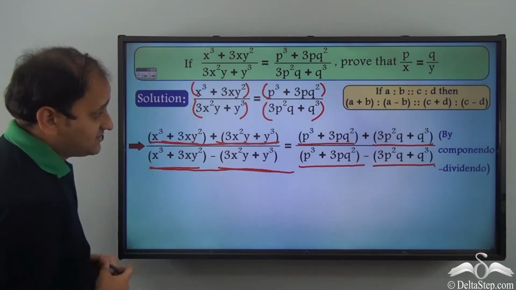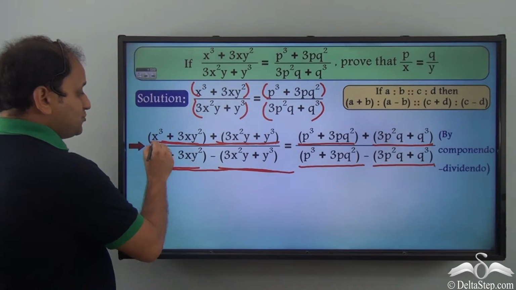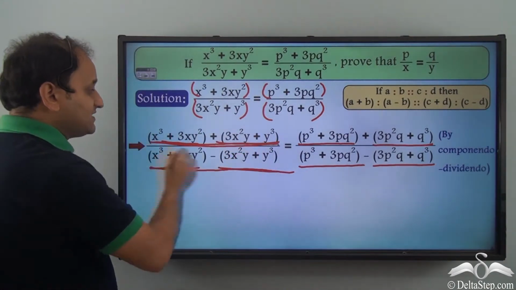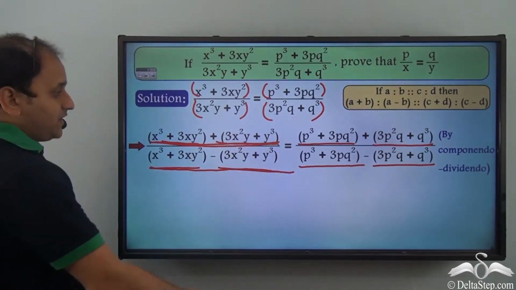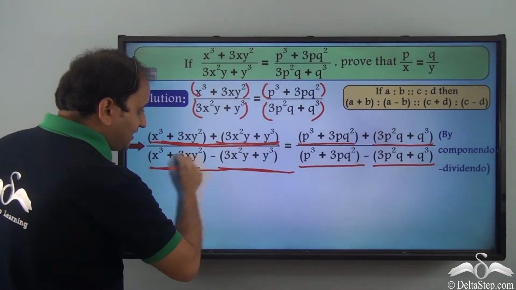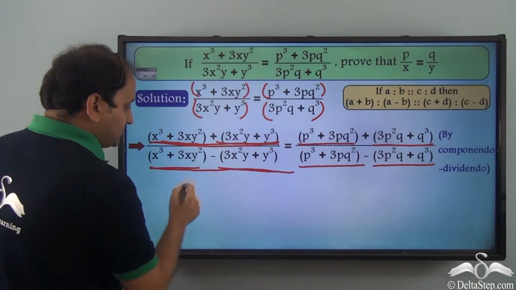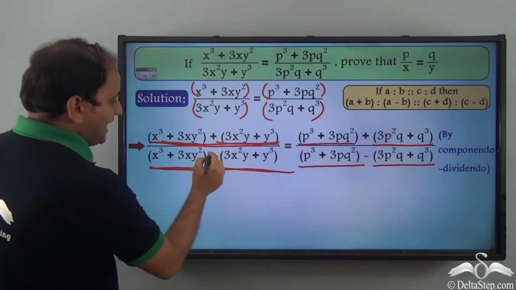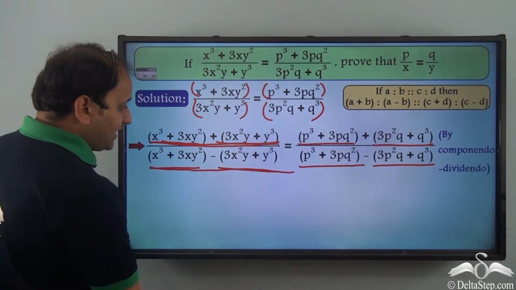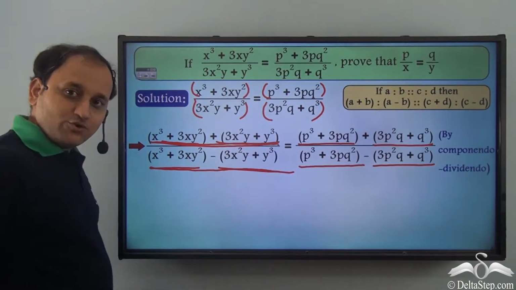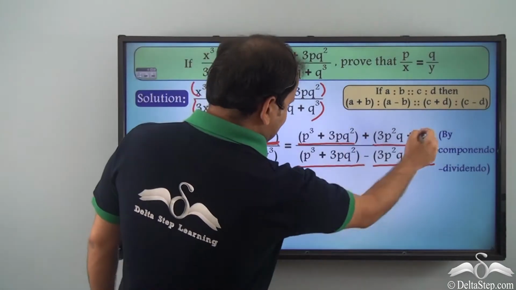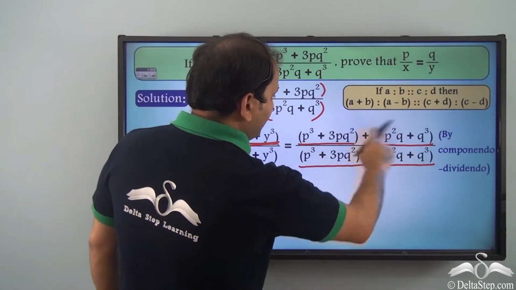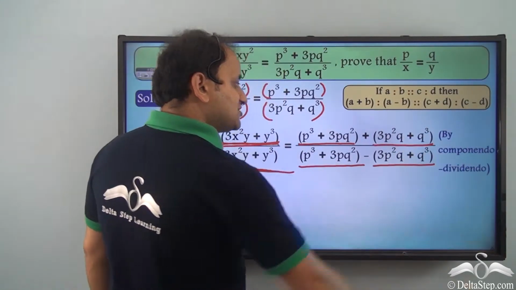Now if we simplify this, the numerator is not a problem because we have a plus symbol, so even if we remove the brackets, the symbols will not change. But in this denominator, if we remove the brackets, we have a minus symbol outside, so these symbols will change. So we'll have minus 3x square y minus y cube. Similarly, in this case we have plus in the middle, so even if we remove the brackets, none of the symbols will change.